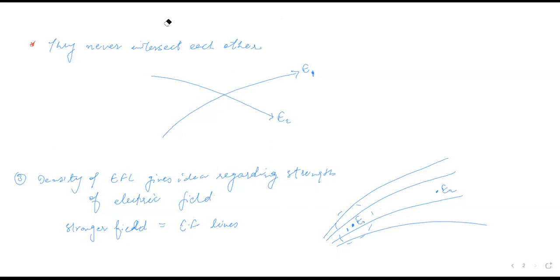Electric field lines are closer, and where the electric field lines are far apart, in this region, this region is said to be the weak field.